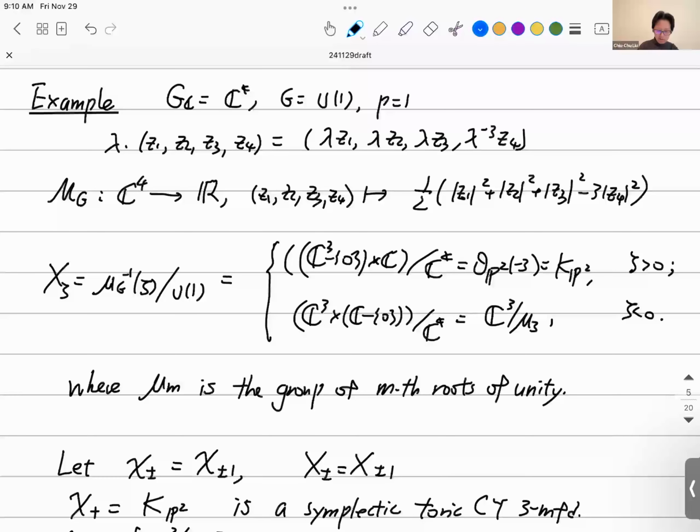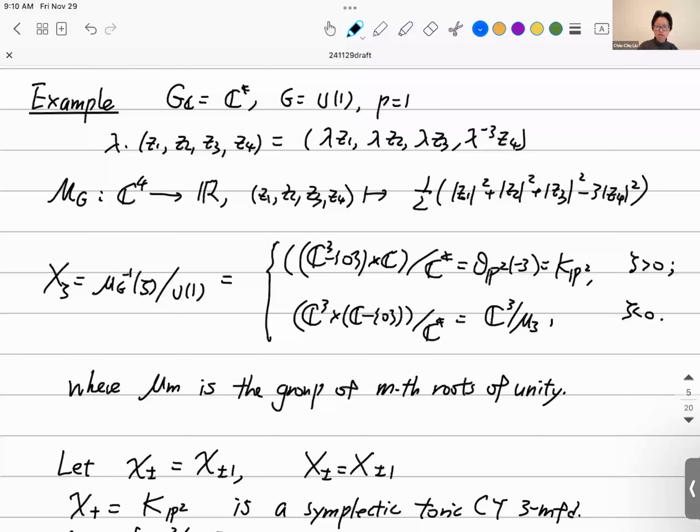Now we want the quotient to be three-dimensional, so if our torus is of dimension p, the vector space has dimension p+3. Now p is 1. Let C star act on C^4 by weights 1, 1, 1, minus 3. This satisfies the Calabi-Yau condition.